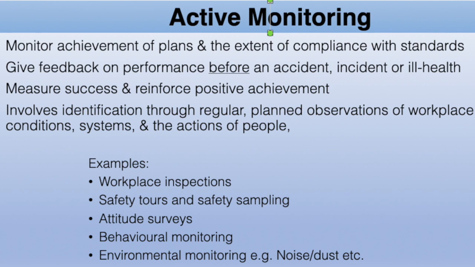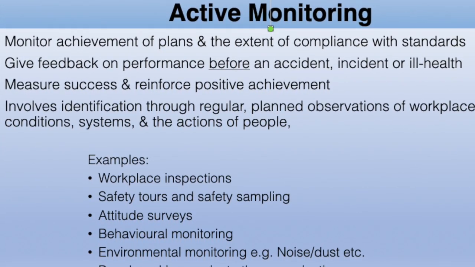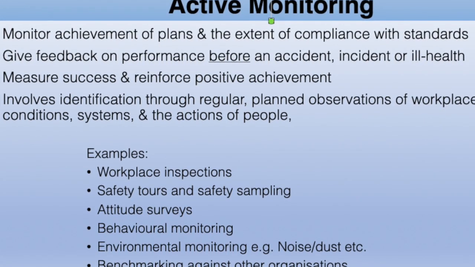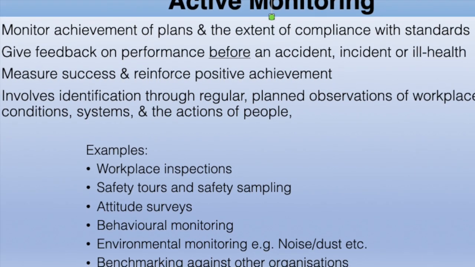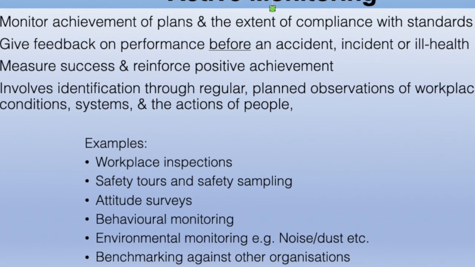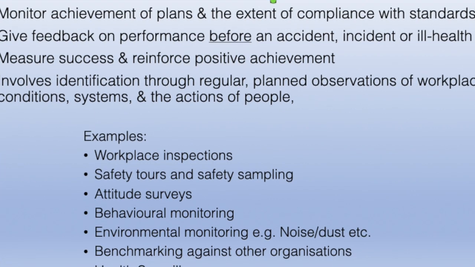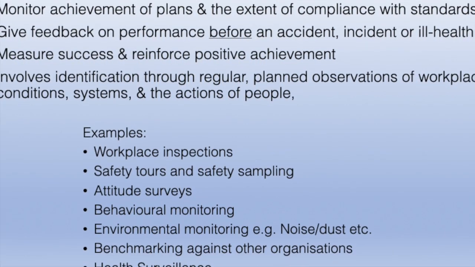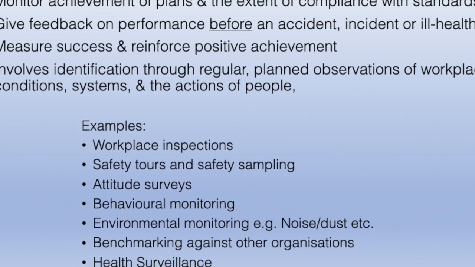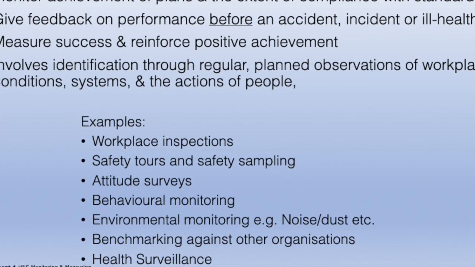In this short video, I am unable to elaborate on the virtues of active monitoring, but if you have any exam questions regarding monitoring, you need to have a good understanding of both active and reactive monitoring and what the different types of tools are that you can use. For example, active monitoring could be workplace inspections, tools, surveys, monitoring behavior, and many other tools.